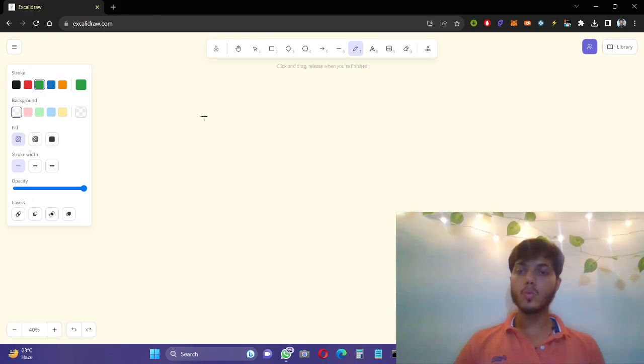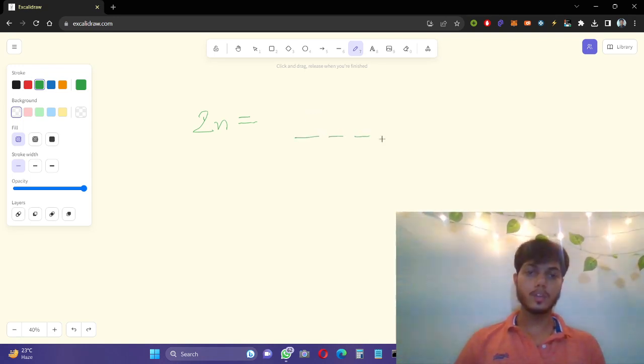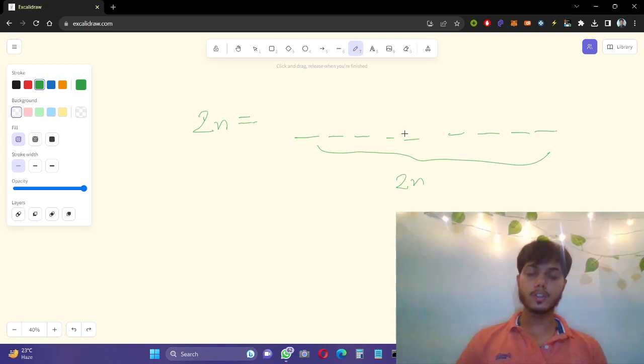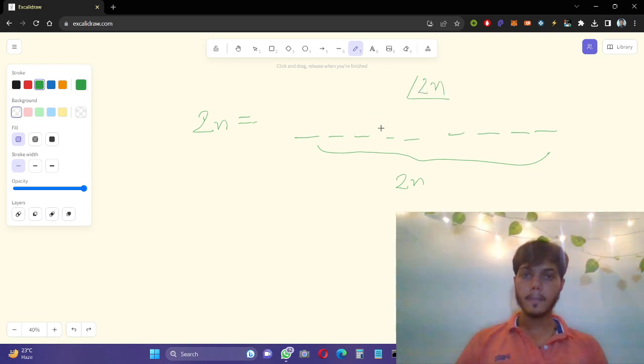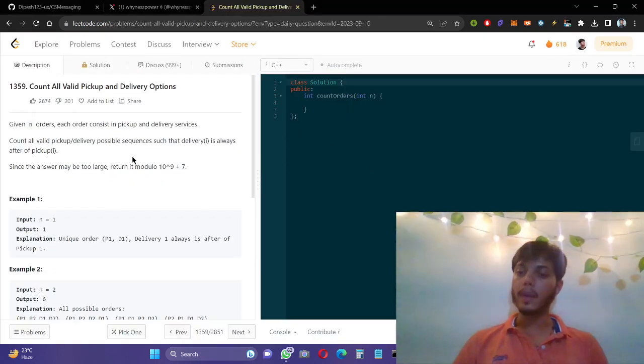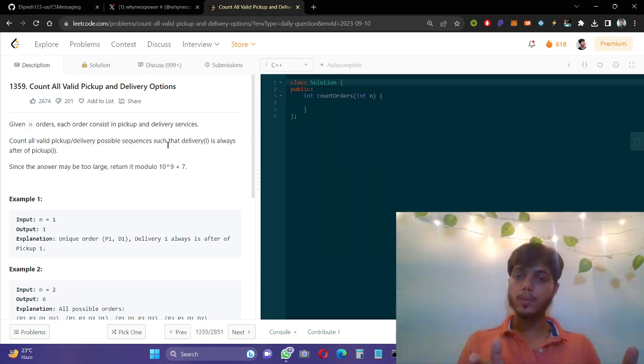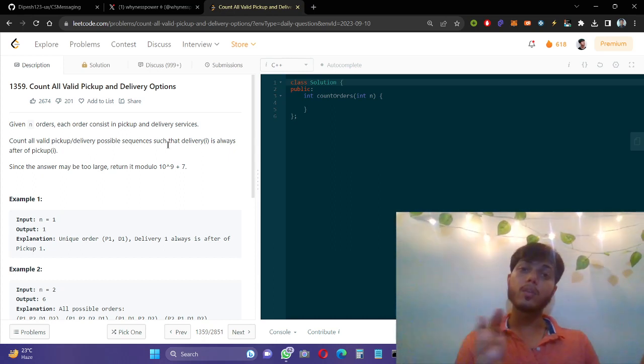Coming back to the original question, we have n pickups and n deliveries. So in total, we have 2n objects, right? Because we have 2n objects, let's say 1, 2, 3, 4, 5, this is the list of 2n objects. If I just permute all the possible ways of arranging these pickups and deliveries, how many are there? It's going to be 2n factorial, right? And how many restrictions do we have? All the pickups have to always occur before the delivery.